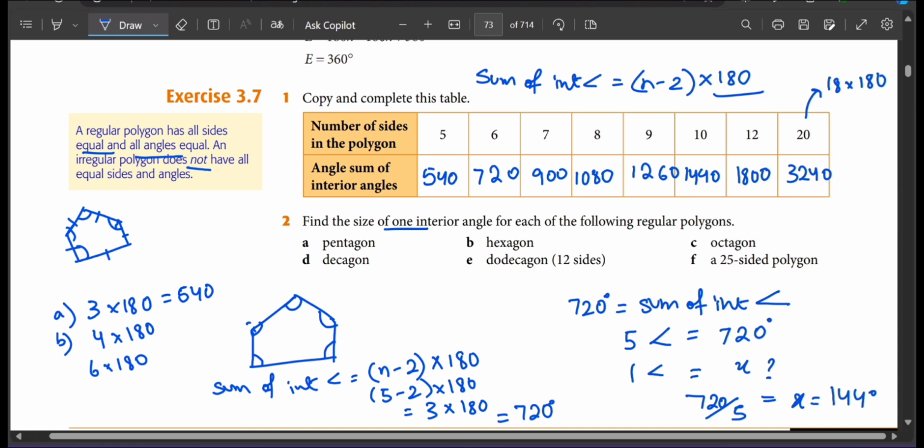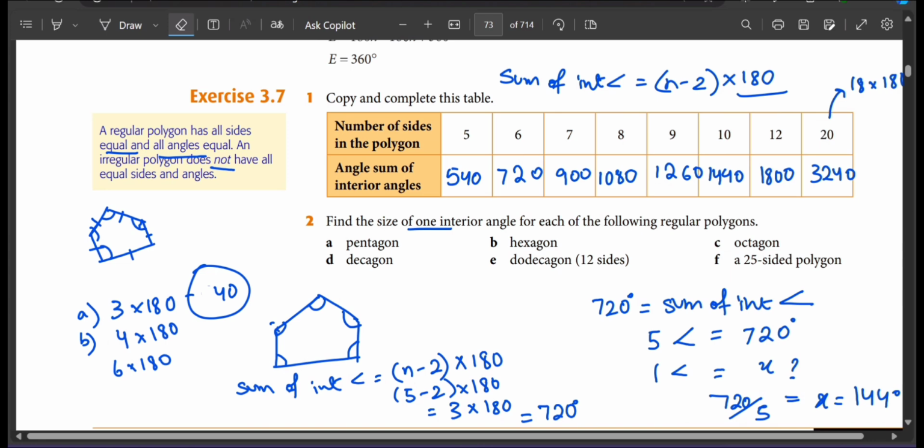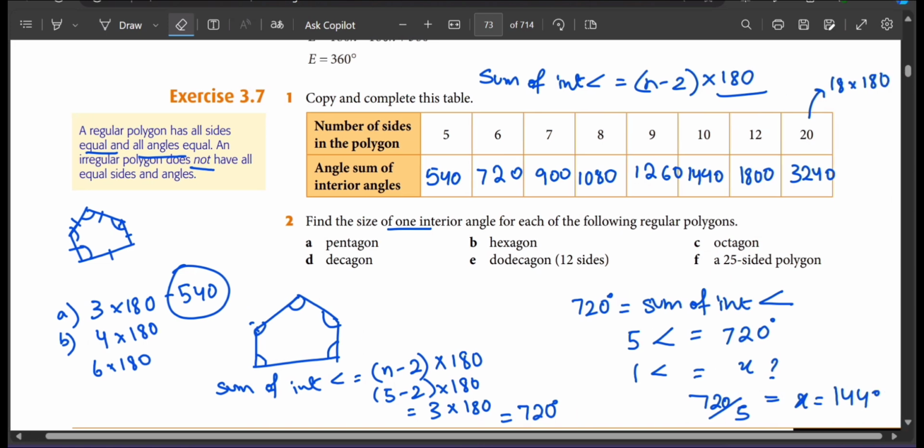And now, sorry, it's not 720, 3 into 180 is 540. Apologies there, इसको मैं correct करती हूँ. मेरी मैथ्स खराब हो गई उस टाइम. It's not going to be 144.